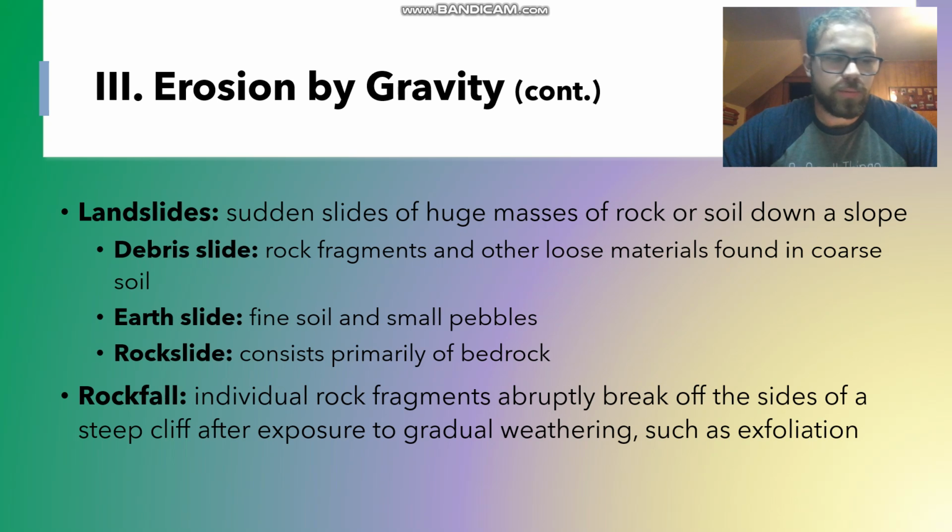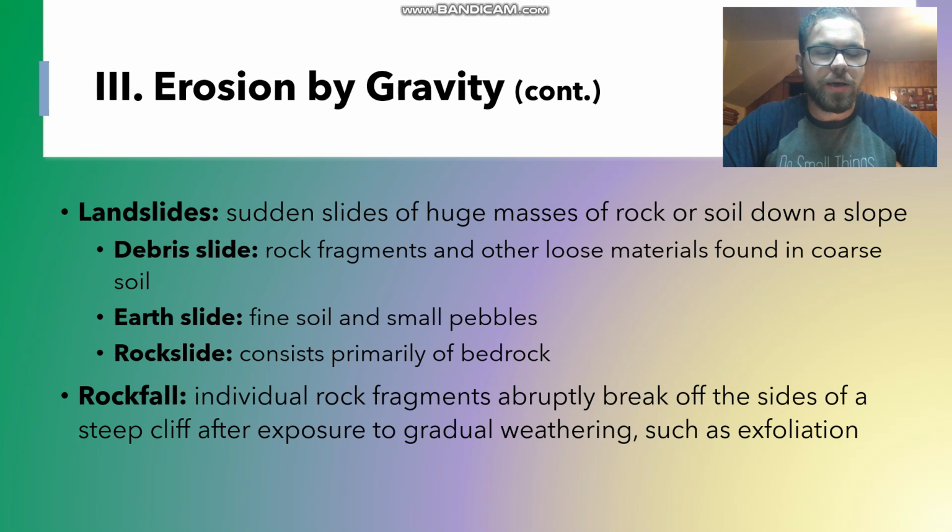And then a rockfall is when we have individual rock fragments that abruptly break off the sides of a steep cliff after exposure to gradual weathering, such as exfoliation. I'm guessing you have seen places where there's potential for rock falls. Driving down the road, you might see a yellow warning sign that says something about watch out for falling rocks.